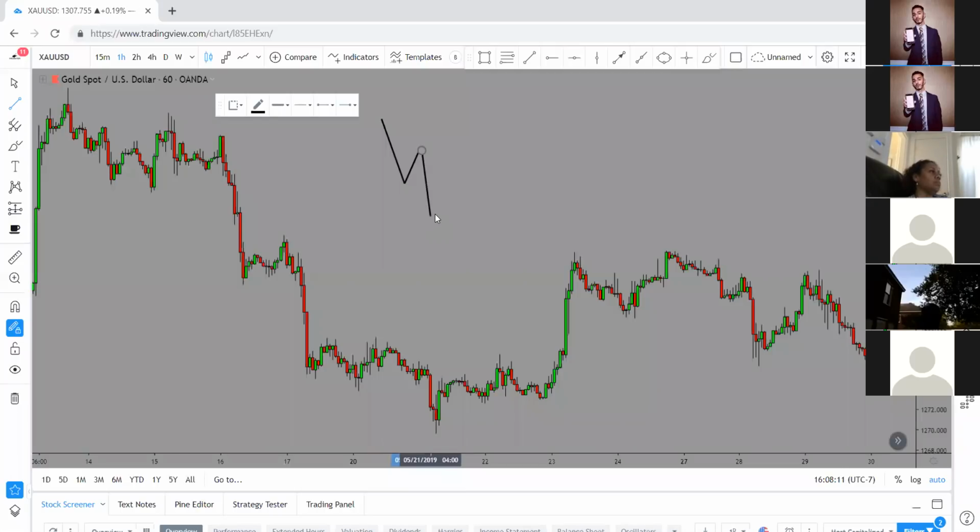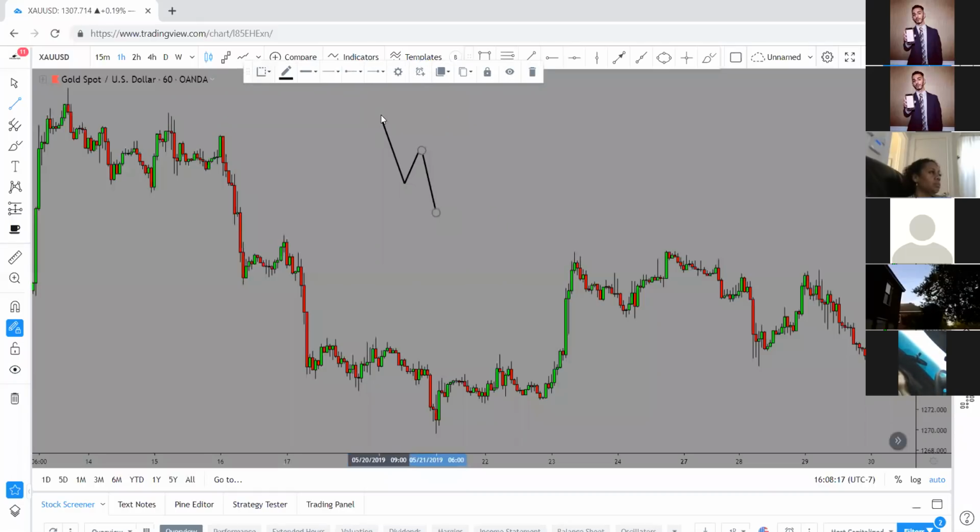You have that market on a downtrend like this. What it does is it has a high point, then it has, so this is the high, this is the low. This is the lower high, this is the lower low. But what happens is this lower high right here, this lower low right here gets broken.